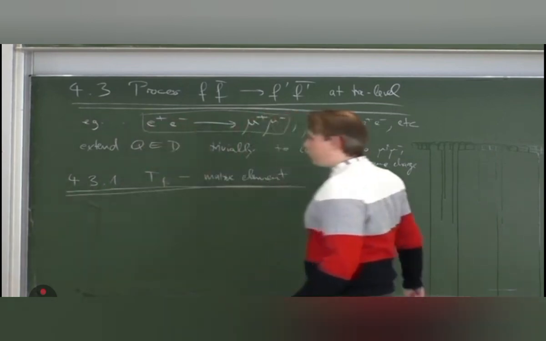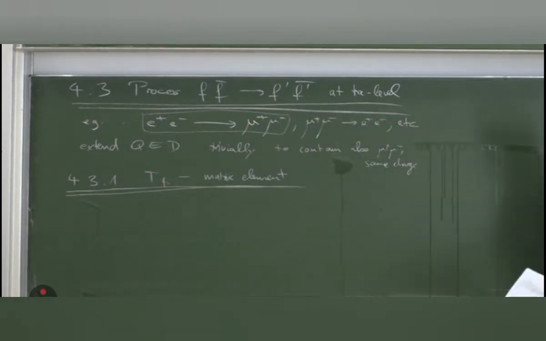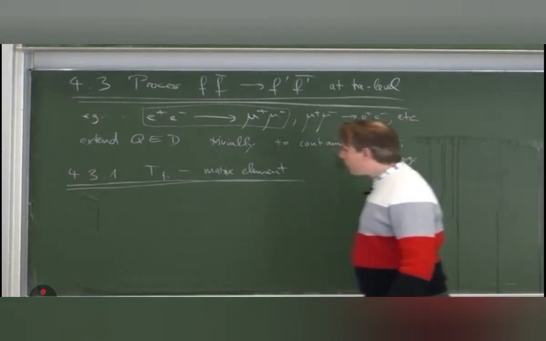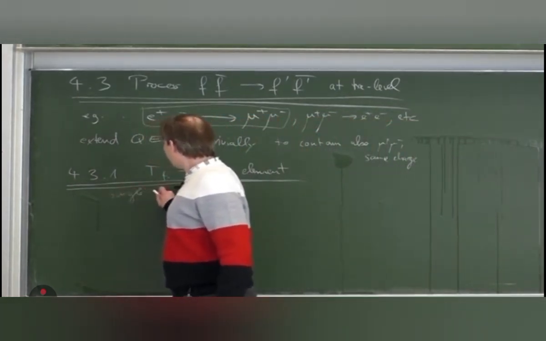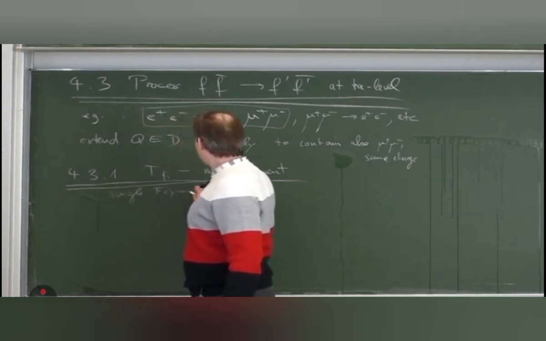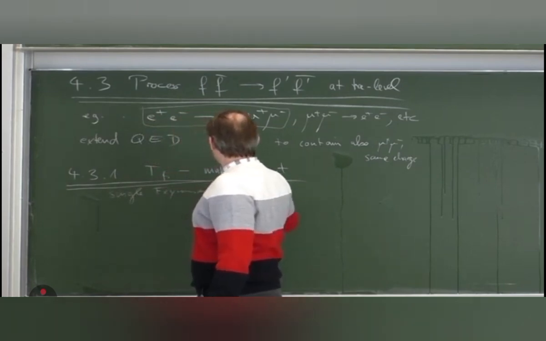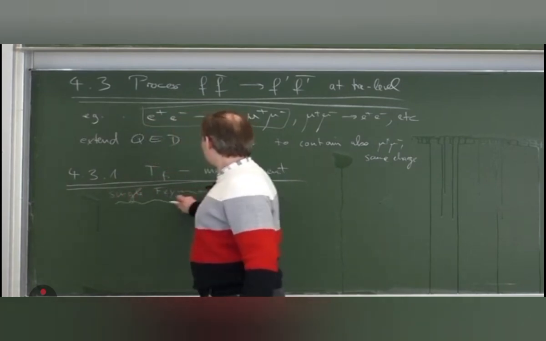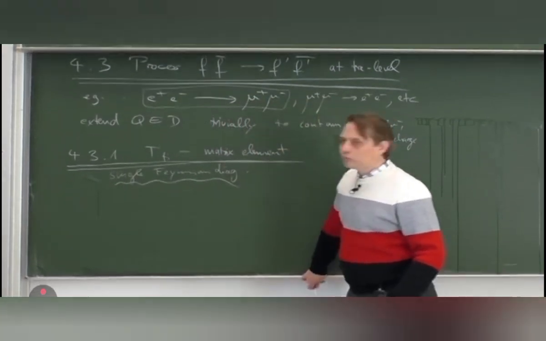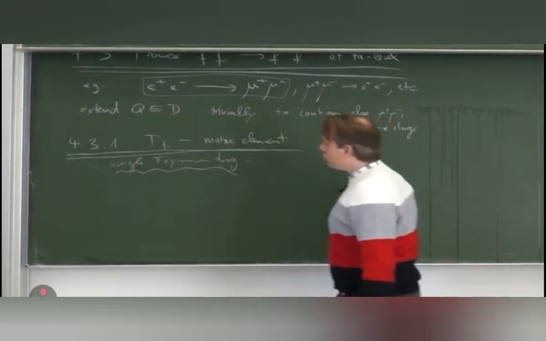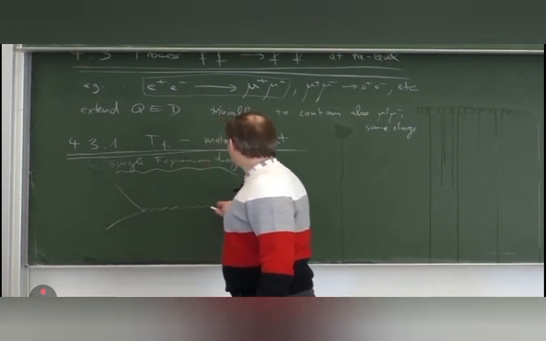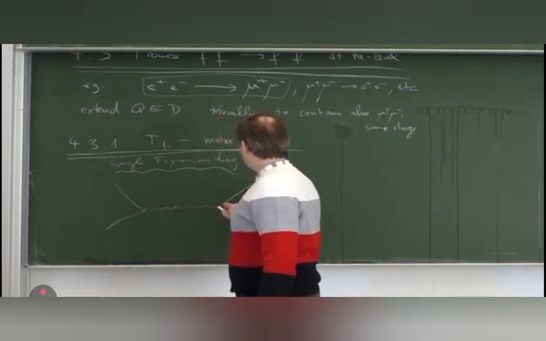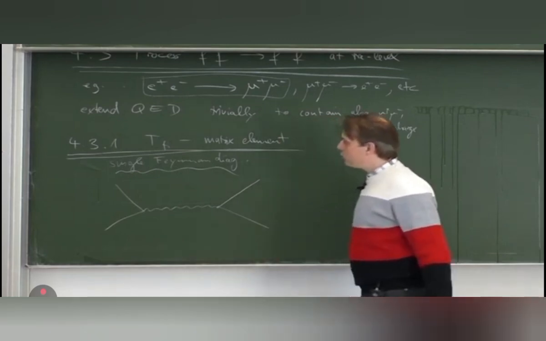So the scattering matrix element for this process. And for this process, there is a single Feynman diagram at tree level. And this Feynman diagram should be known to you. So it looks like this. This type of Feynman diagram.